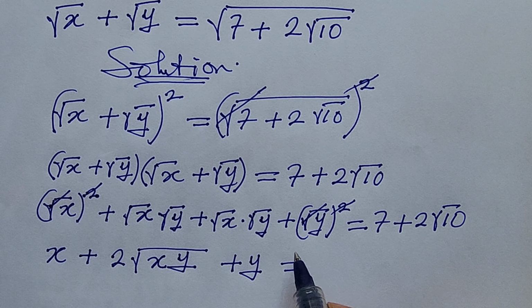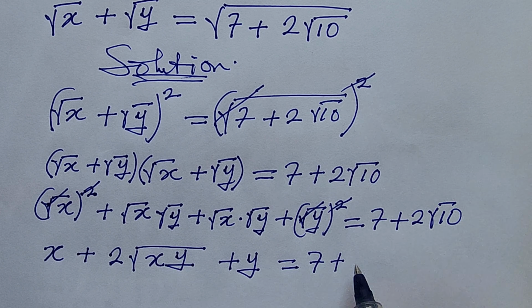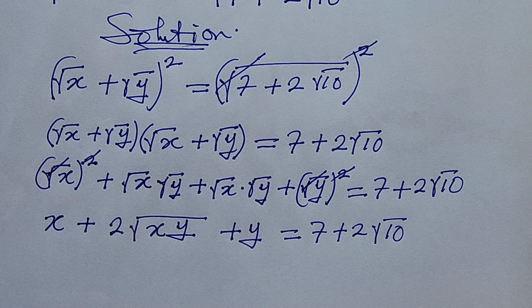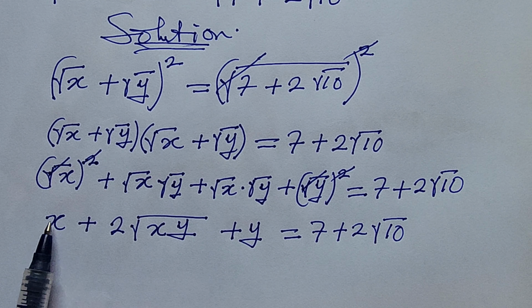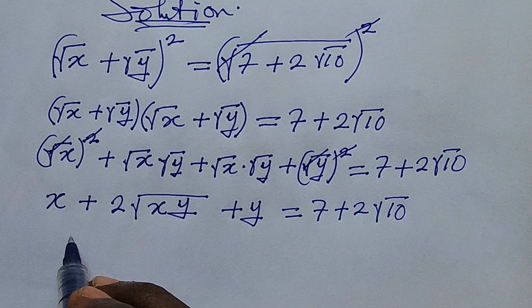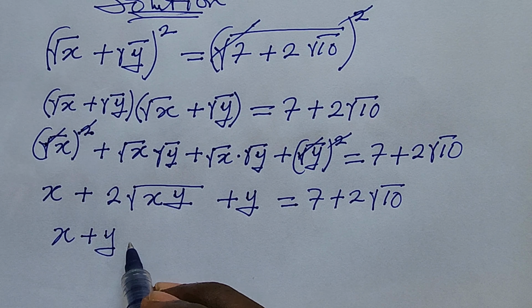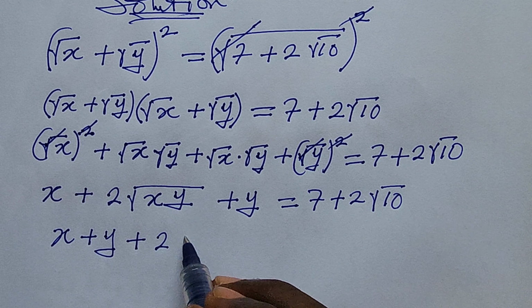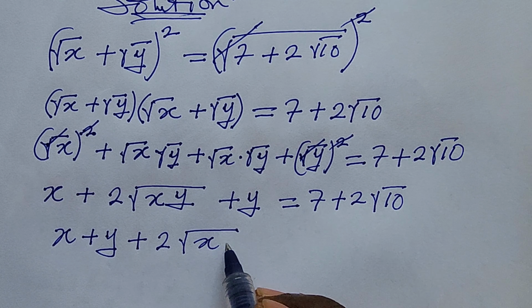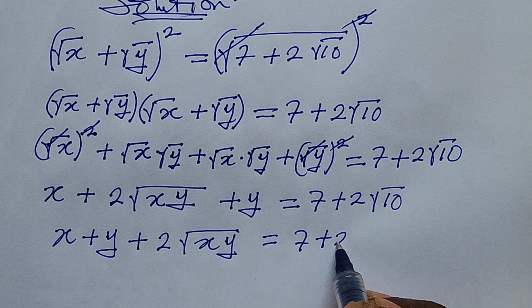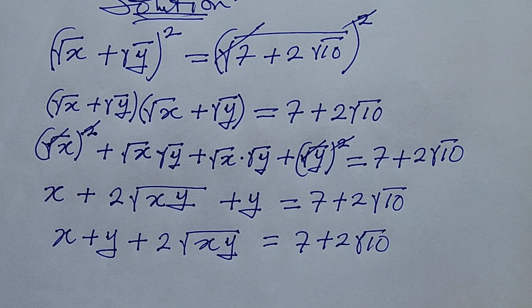This is equal to 7 plus 2 root 10. Good. So we can marry this and this together. So this is going to give us x plus y plus 2 times the square root of xy equals 7 plus 2 root 10.